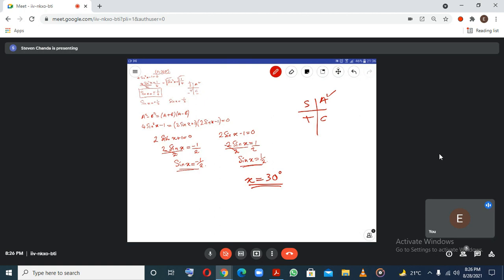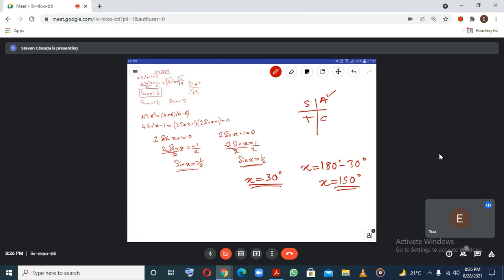Then to find the one in the second quadrant, you say 180 minus 30 degrees. So you're going to have 150 degrees. So that's pretty much your answer.